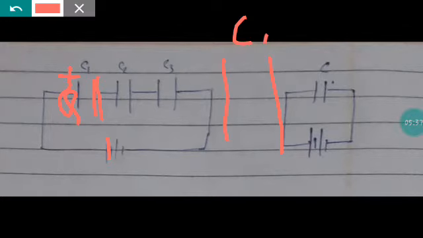We have created plus Q here, and this plus Q will induce negative charge on the face of the plate, and positive will be repelled, and therefore positive will be on the other face of the plate. And this plate is connected to C2, meaning the second capacitor. So electrons will come and neutralize these positives.